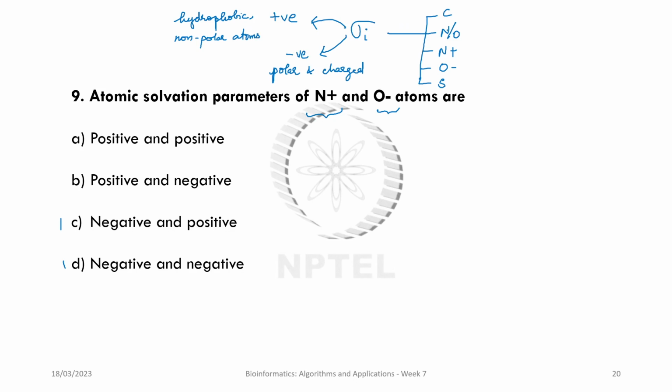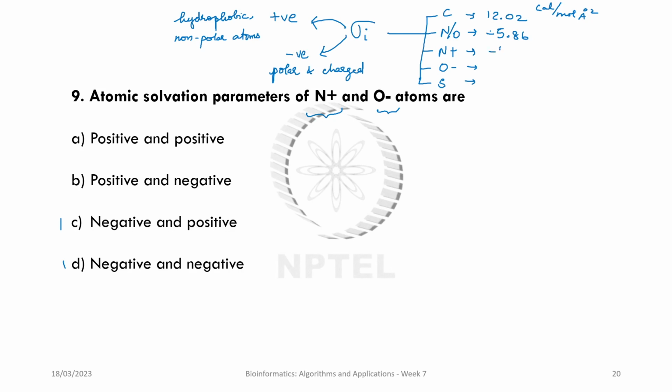So even if you don't remember the exact values for each of these atoms, I'm going to write down the exact values here. It was for C 12.02 calories per mole Armstrong square, and for N or O it was minus 5.86.